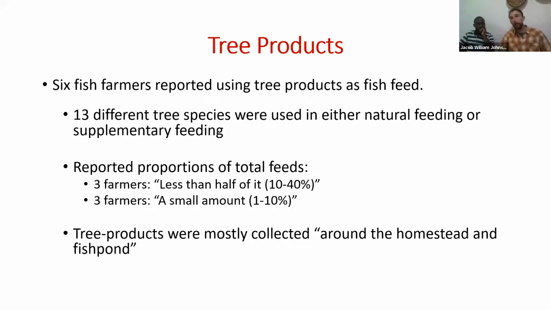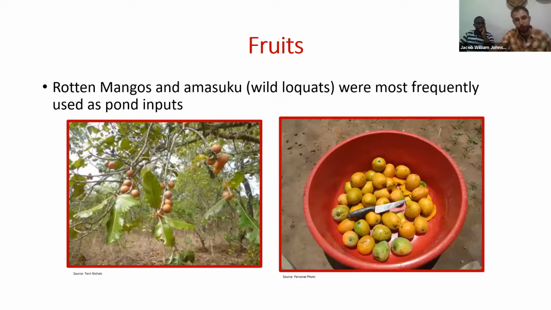Tree products were mostly collected around the homestead and fish pond. The top contenders for fruits, rotten mangoes and wild loquats, locally known as amasuku, were frequently used as pond inputs.